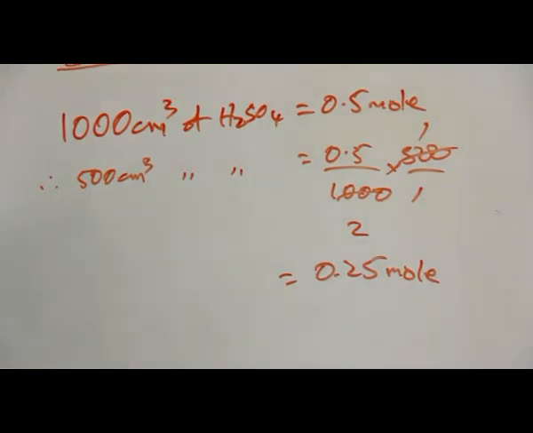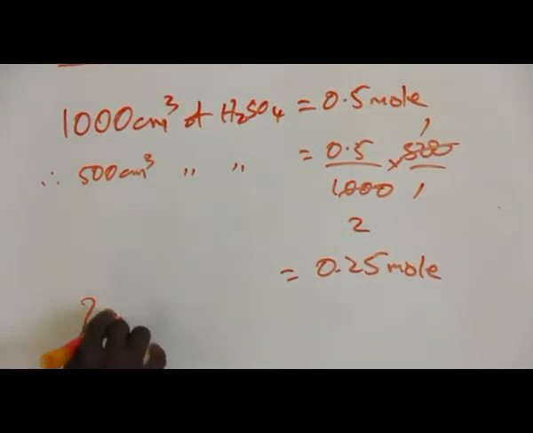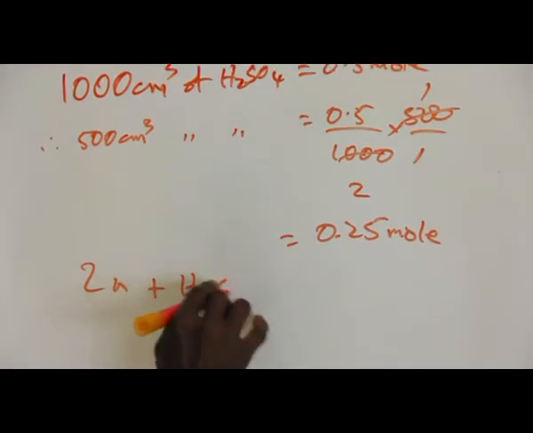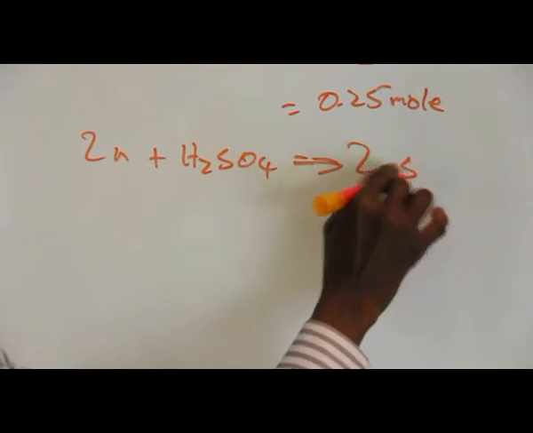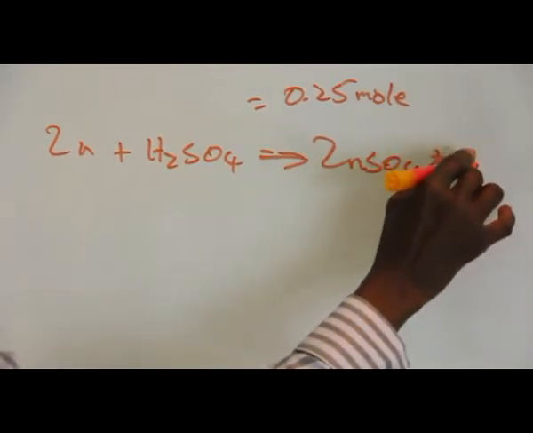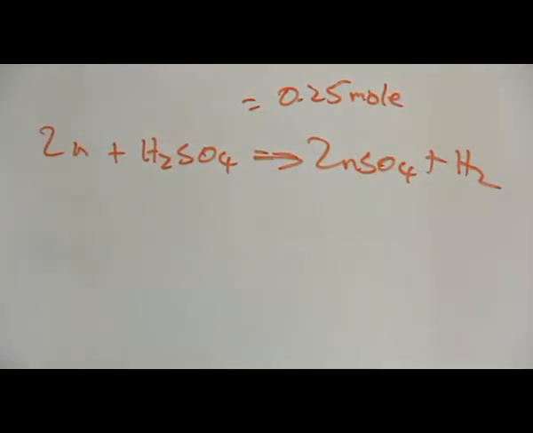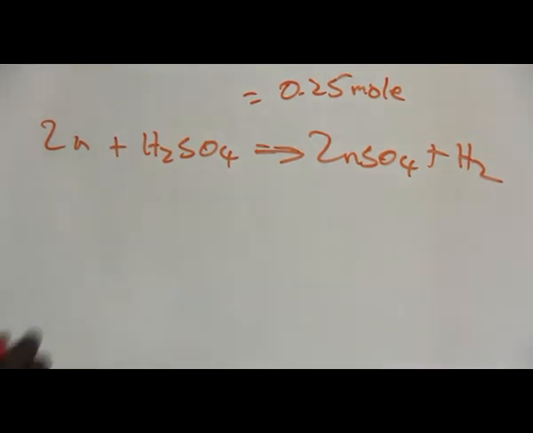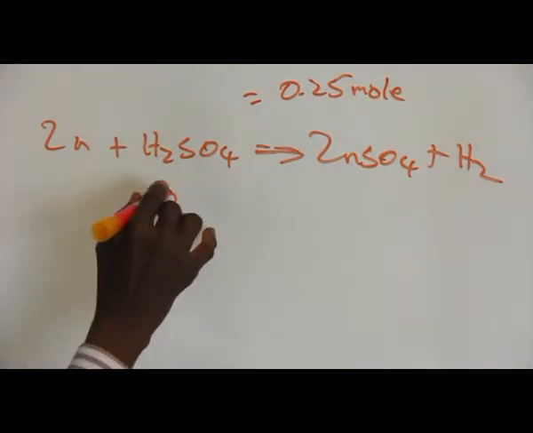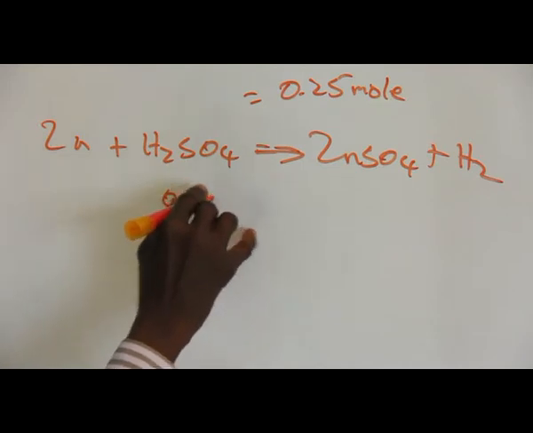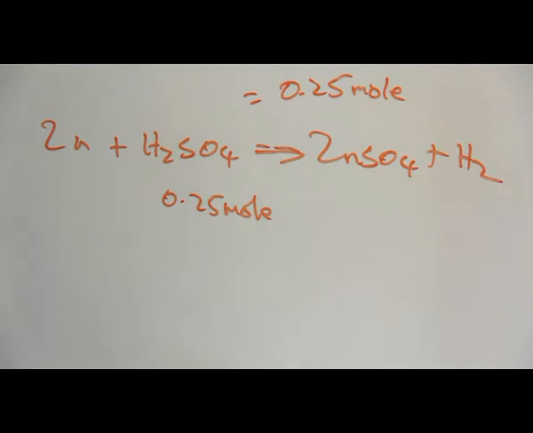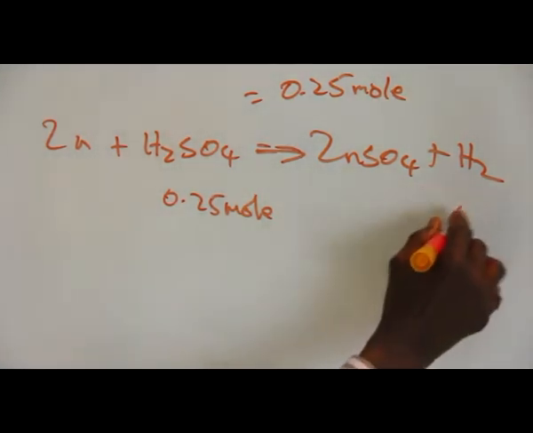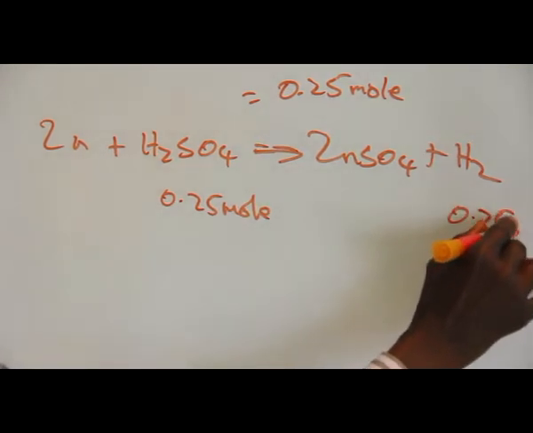Now, let's consider the equation of reaction. Zinc plus H2SO4 gives zinc sulphate plus hydrogen. The equation is balanced. And so, when you have 0.25 mole of H2SO4, since it is a one-to-one relationship, it also implies that the number of moles of hydrogen is 0.25 mole.